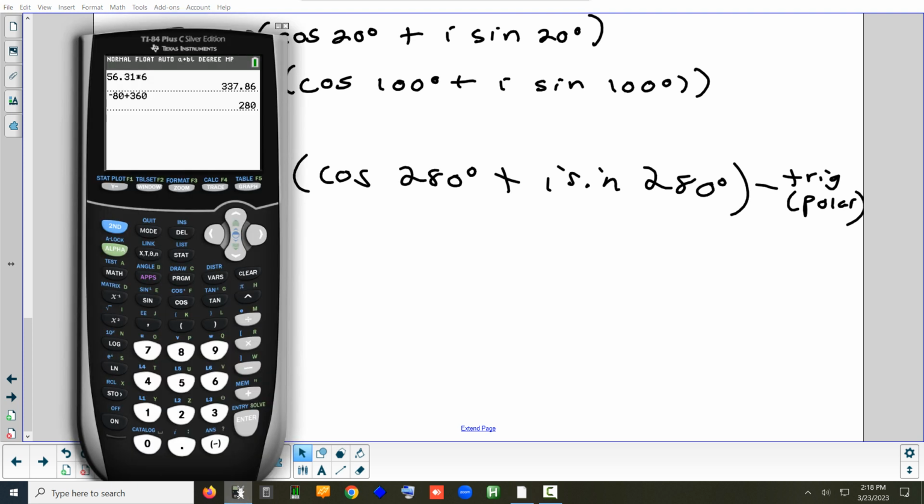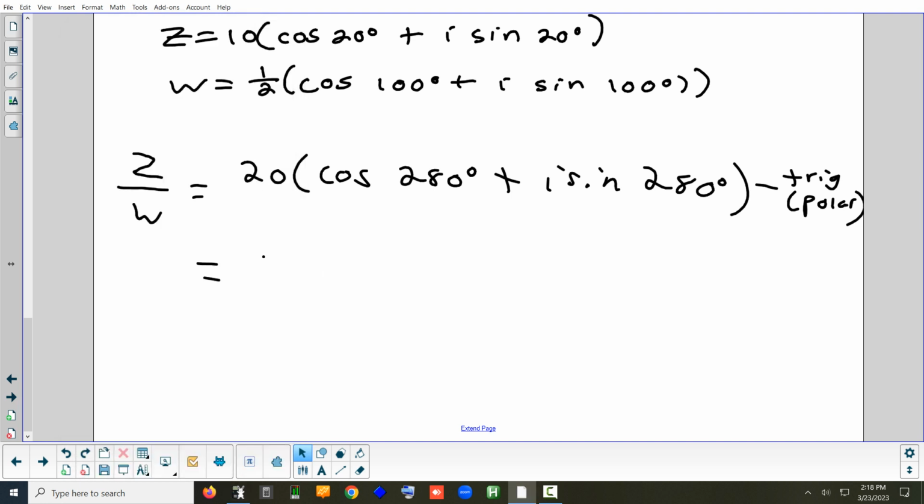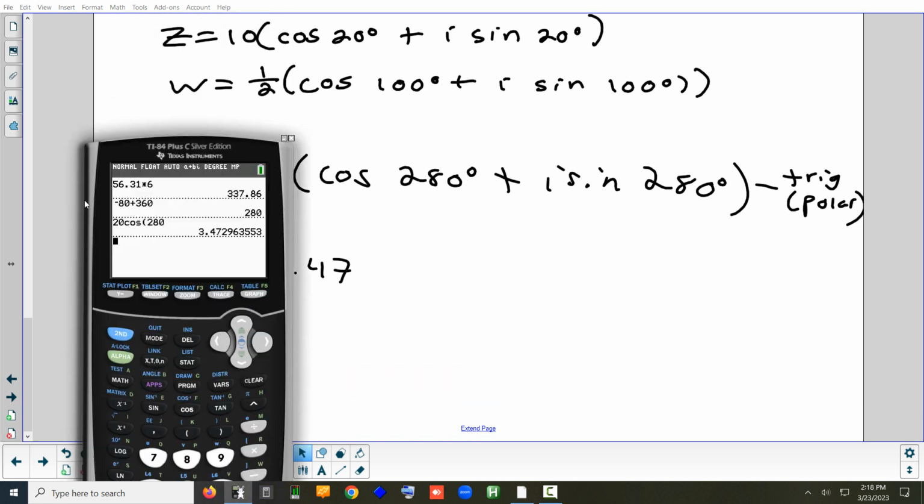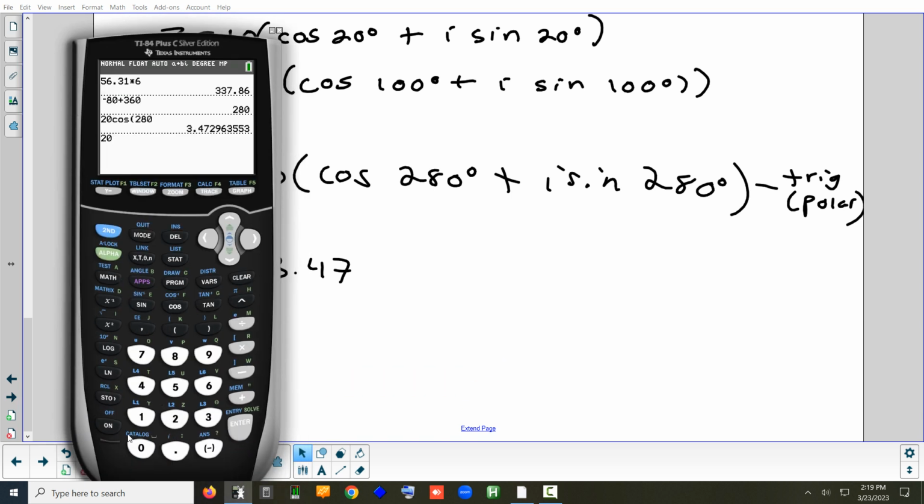Yeah. We just multiply the 20 times the cosine of 280. Okay, and that's going to give me something. 3.47. And then we're going to multiply the 20 times the sine 280. 20 sine 280.